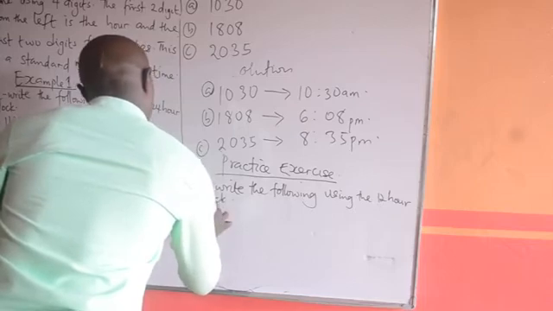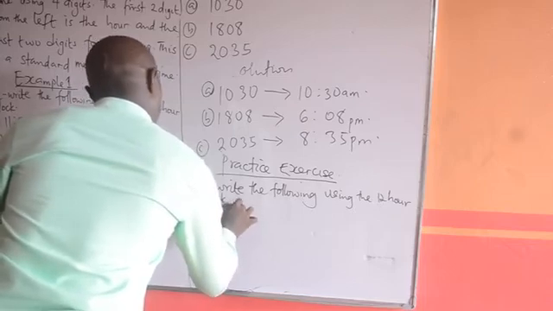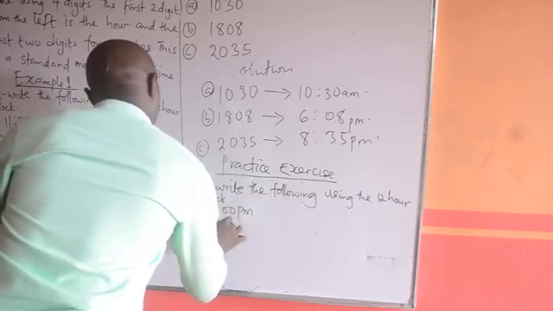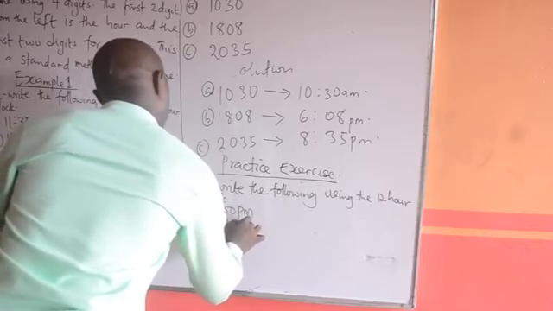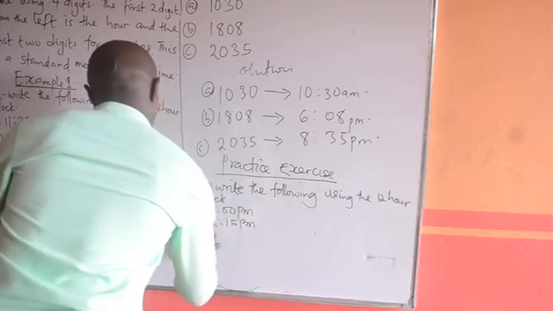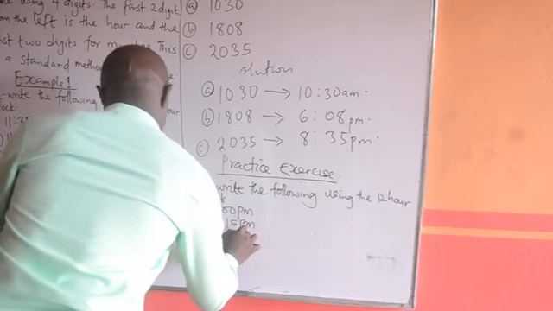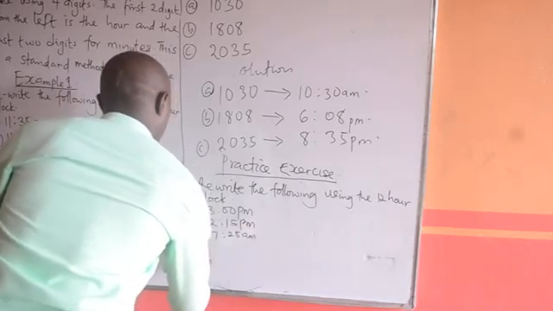Here we have A, 3 o'clock p.m.; B, 2:15 p.m.; C, 7:25 a.m.